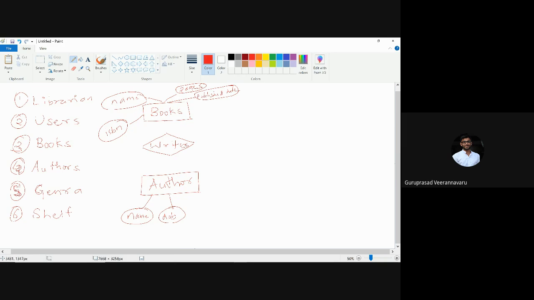An author can write many books, correct? Yes, sir. So I'll do a total participation and I'll say this. For a book to exist, there should be an author. So there is a total participation. I'm saying books will always need an author. Without an author, books cannot exist.